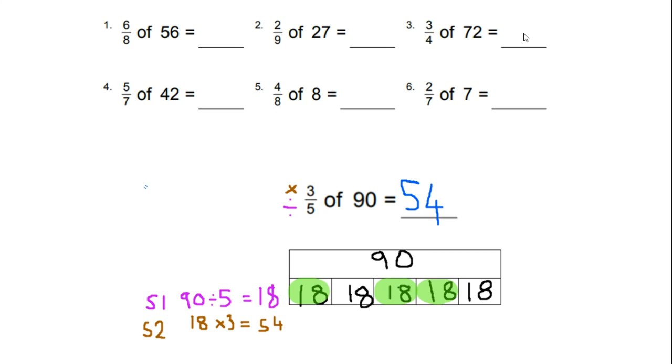I'm a little bit tired today. The answer is 54. Number 4, the answer is 30. Number 5, the answer is 4. And number 6, the answer is 2. You'll have to let me know if I've made any mistakes there. I hope you feel confident with that skill.